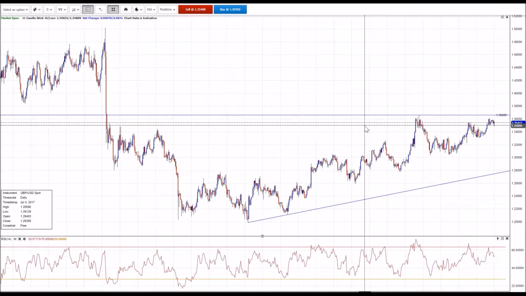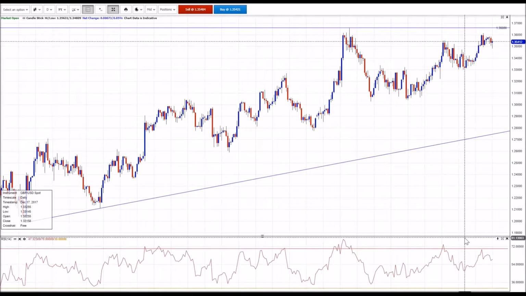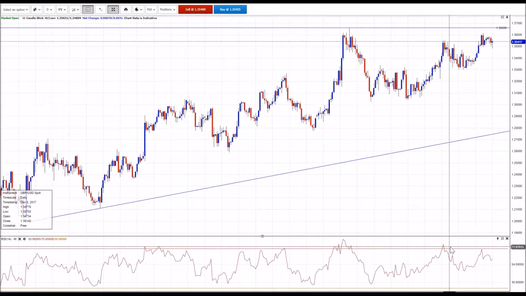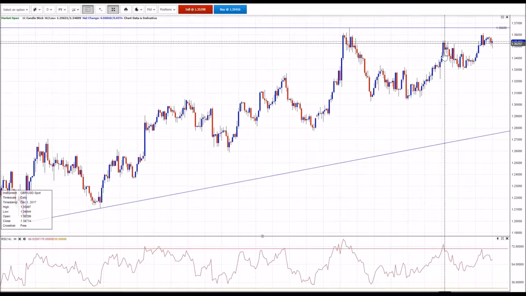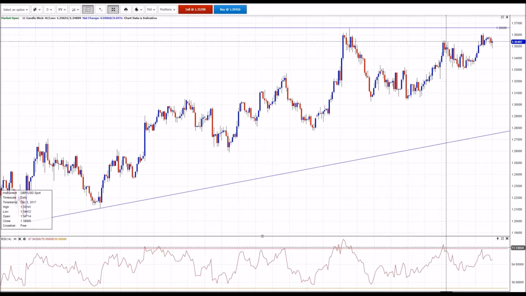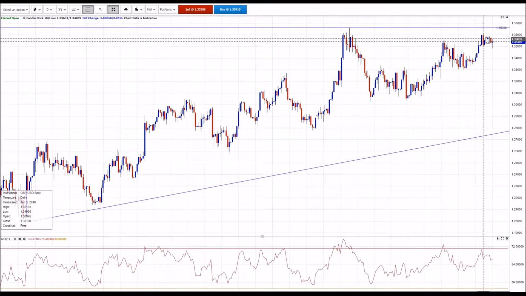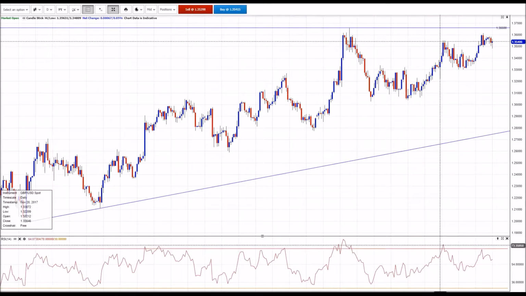I suppose you could say in the short term, for fans of the oscillators, we do have bearish divergence going on. We've talked about this in the past: the market makes a high, the oscillator, this is a 14-day RSI, goes overbought, the market pushes a bit higher still, but the oscillator makes a lower high. This is bearish divergence.